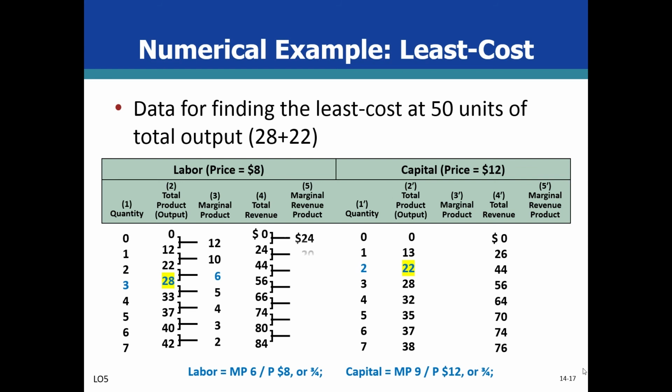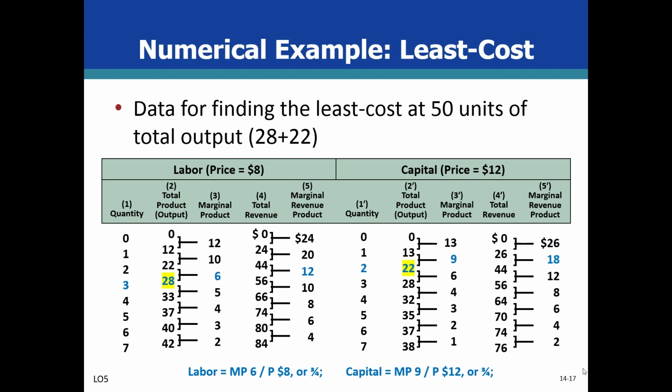Let's conclude with a more specific example. Here we have a situation where the price of labor is $8 per unit and the price of capital is $12 per unit. We can see labor on the left, 8, capital on the right. So we're going to initially calculate the least cost rule with a little more complex example.